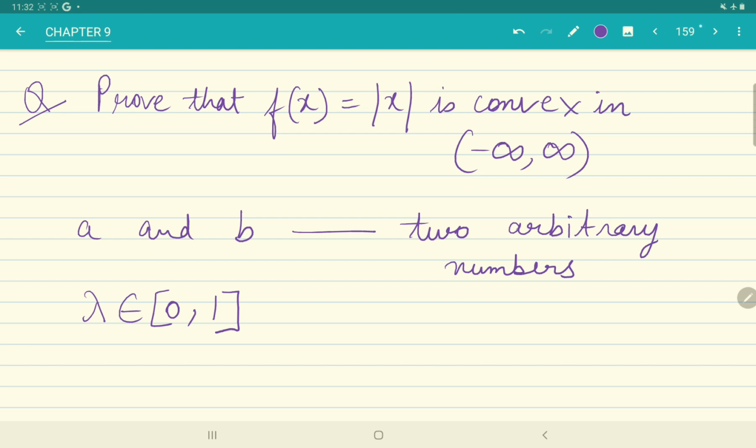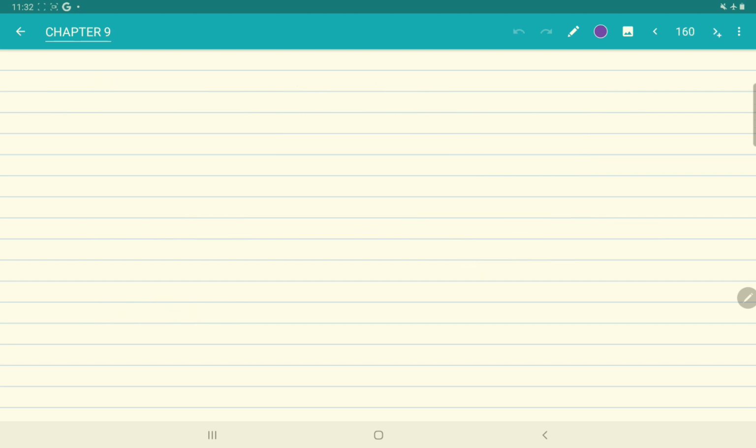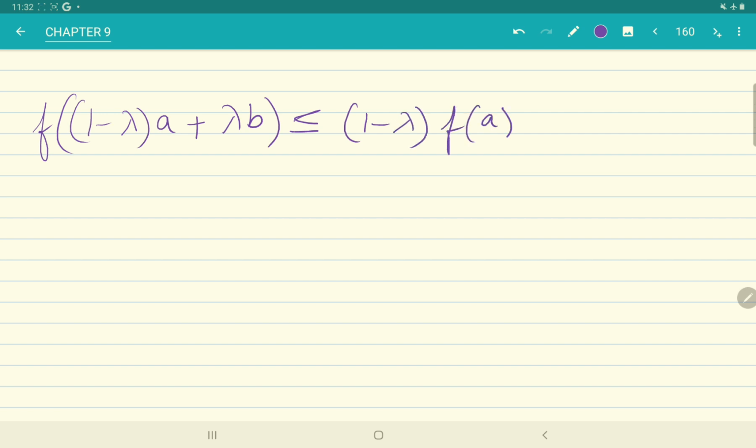If I talk about the function being convex, that means we basically have to show that f of (1 minus lambda) a plus lambda b is less than or equal to (1 minus lambda) f of a plus lambda f of b.